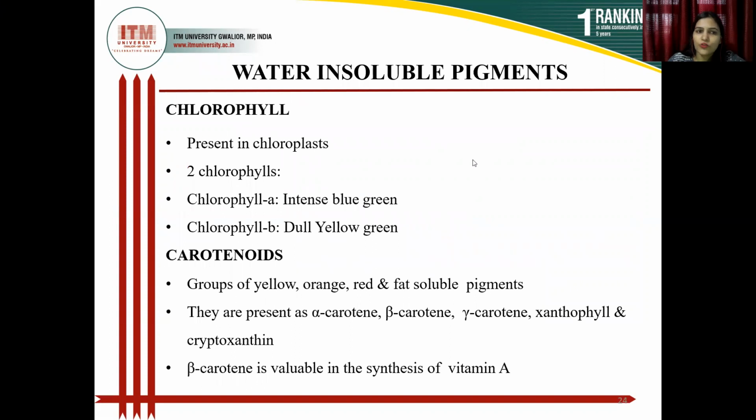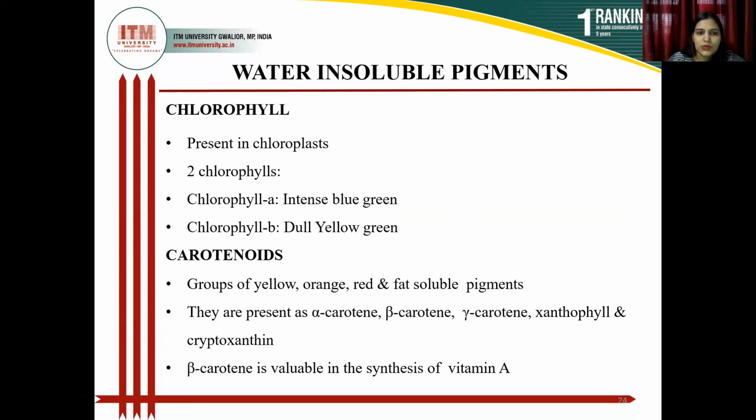The water-insoluble pigment is chlorophyll, which is present in the chloroplast. There are two chlorophylls, chlorophyll A and chlorophyll B. Chlorophyll A is intense blue-green and chlorophyll B is dull yellow-green.